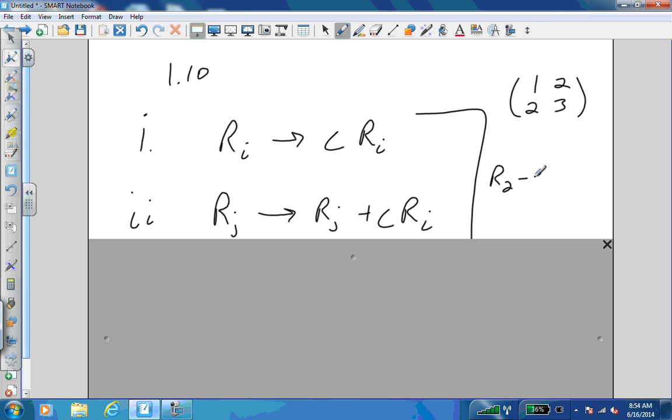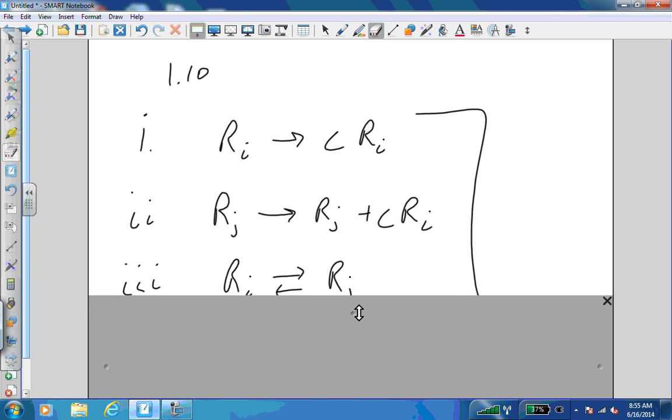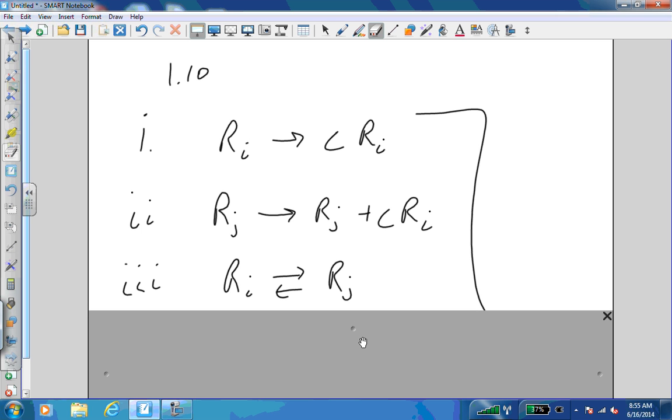My second row would come from using this 1 and making it a -2. So I'll do -2 times that first row plus the second row. Notice the second row I'm not multiplying by any constant, to give us our 0 here. So that's just a little subtlety. We've kind of overlooked it some in the past, but we do need to be careful with that. Our third operation is that we can swap two rows in our matrix if we wish.